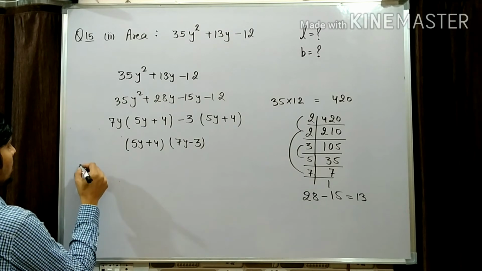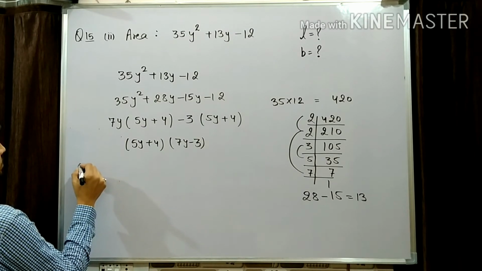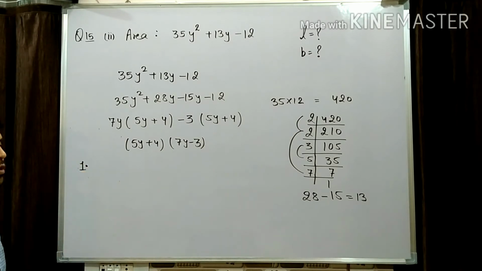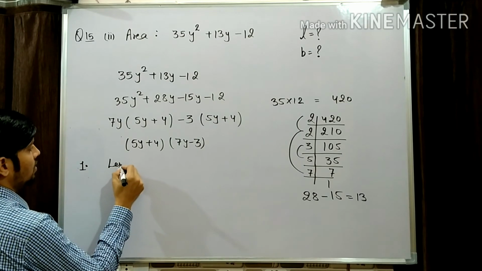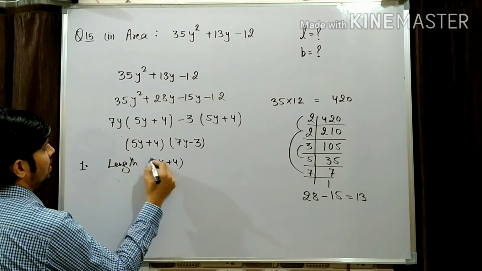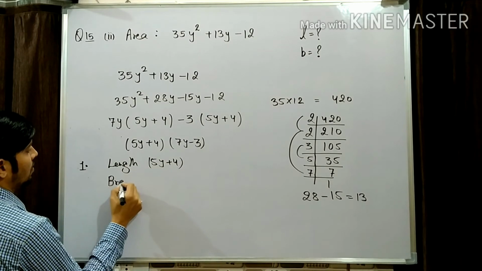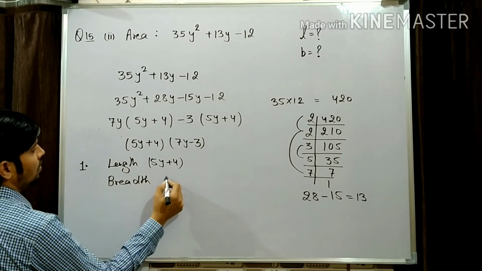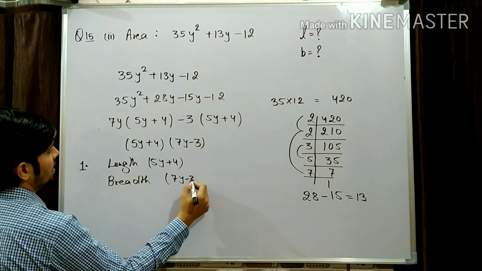So what is the one possible answer? The length would be 5y plus 4 and the breadth would be 7y minus 3.